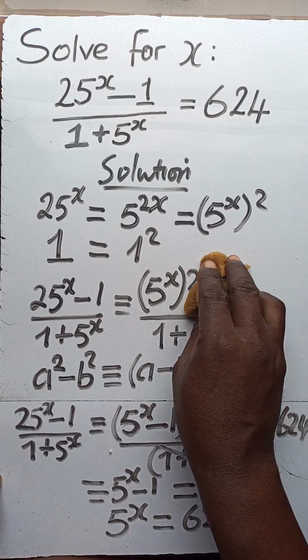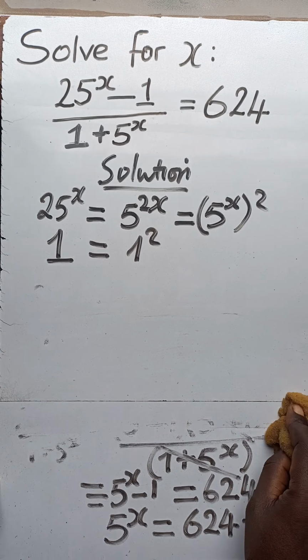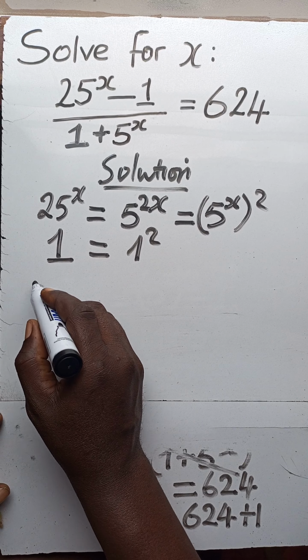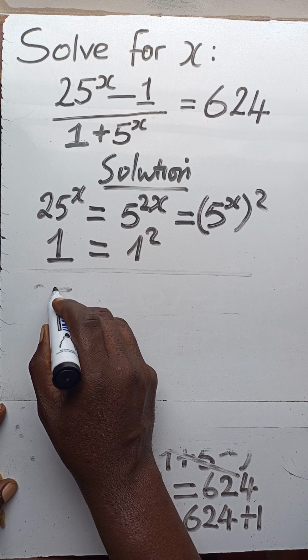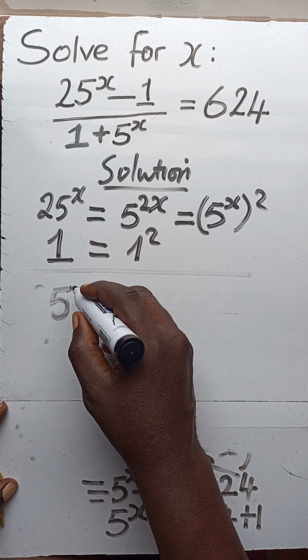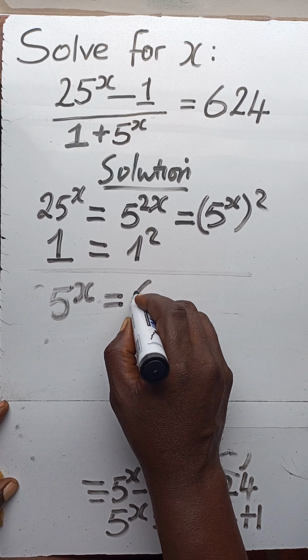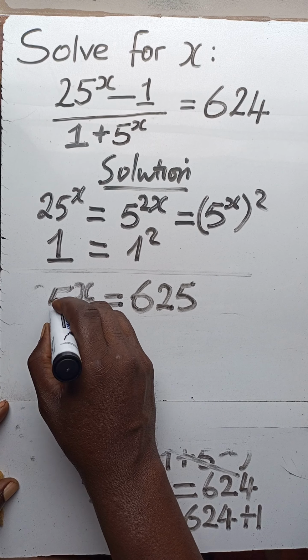So let's take it up here. So we have 5 to the power x will now be equal to 625.